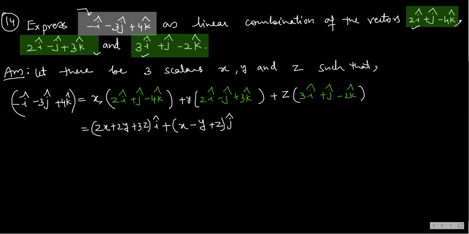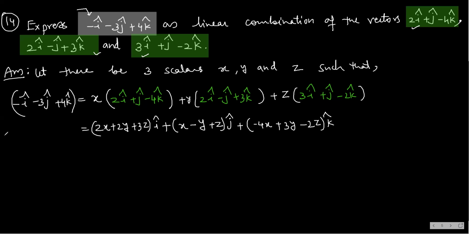You understand? I'm multiplying x with j cap, y with minus j cap, and z with j cap. Then taking j cap common, inside the bracket I'll get x minus y plus z. And here I will get minus 4x plus 3y minus 2z times k cap.